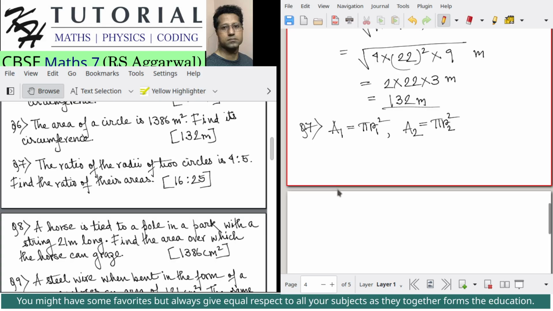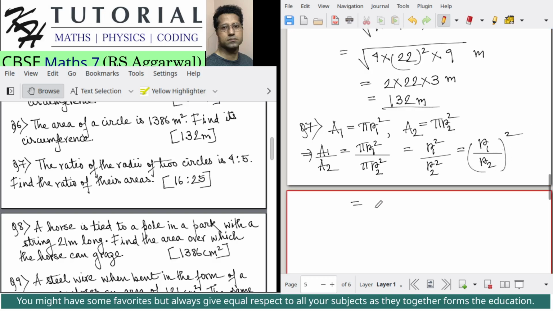The problem is asking to find the ratio of their areas. So this implies we have to find A1 by A2. A1 by A2 will be equal to pi R1 square divided by pi R2 square. Pi will cancel out. So this is equal to R1 square by R2 square, which is again equal to R1 by R2 whole square.